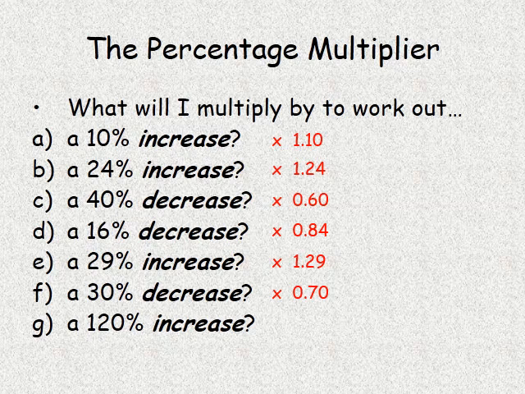Therefore we had the original 100 and we are adding 120. That makes 220. 220 divided by 100 is of course 2.20.